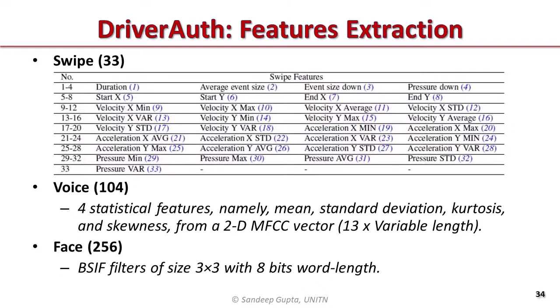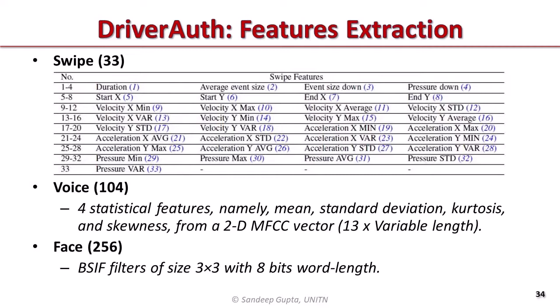For swipe, we extracted 33 statistical features that are min, max, average, standard deviation, and variance, from velocity, acceleration, and pressure values obtained for each touchpoint from a swipe gesture. Also, we calculated distance, duration, average touch size, start and end touch points. We acquire voice data of 2 seconds that contains 2 channels sampled at 44.1 kHz with 16 bits per sample.